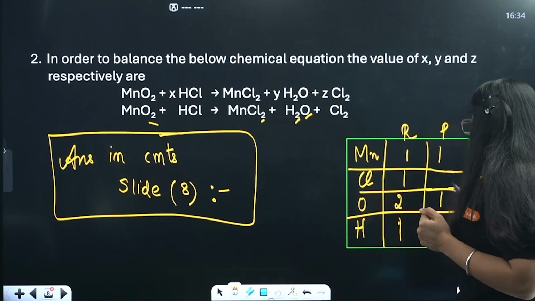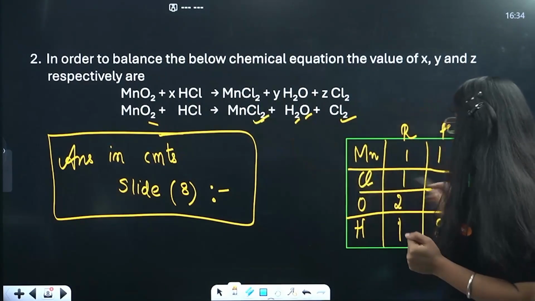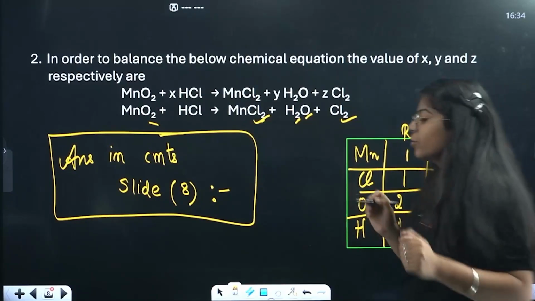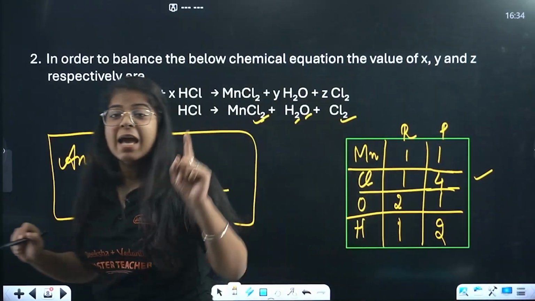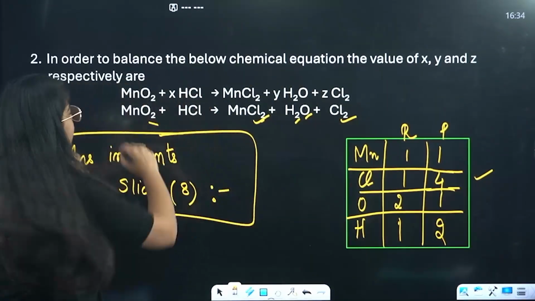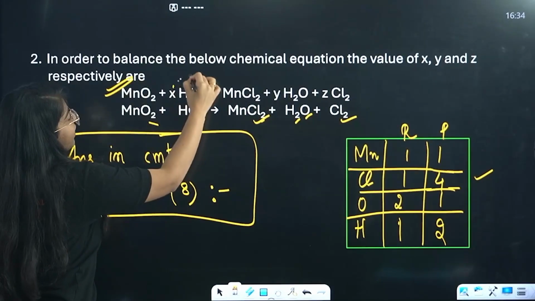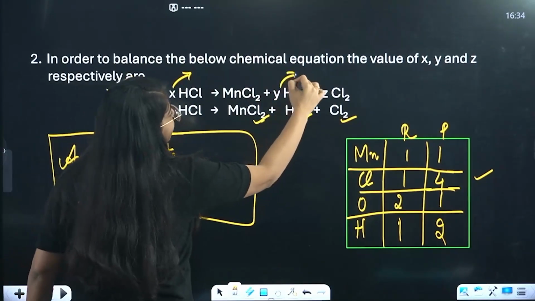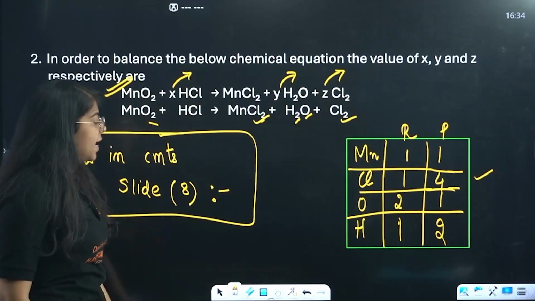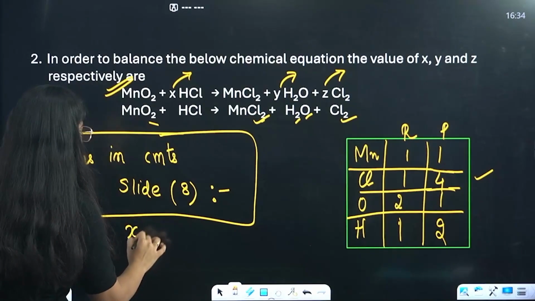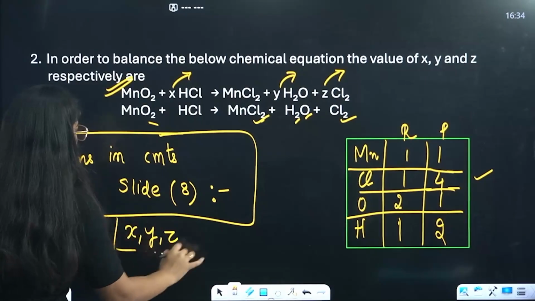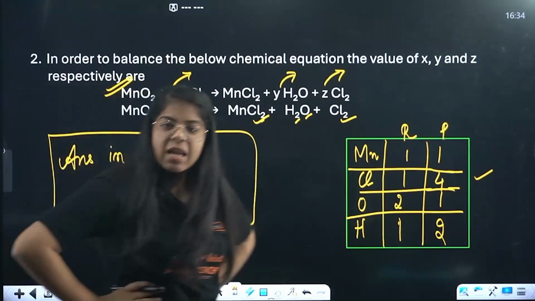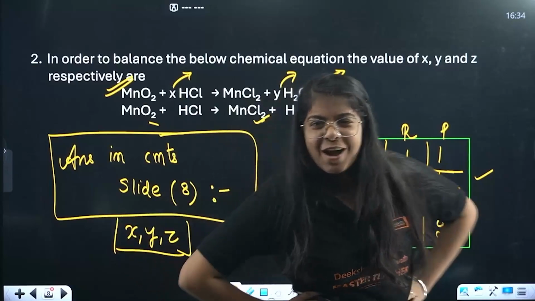So this chlorine 2 plus 2 chlorine this. So chlorine is 4. So you will just balance the chemical equation, compare this chemical equation with this given one, and let me know the value of X, the value of Y, the value of Z. X came in chemistry now as well. It was only in math up till now.